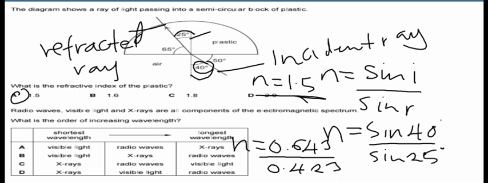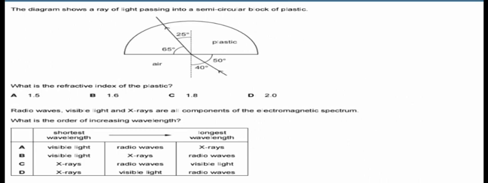The next question. Okay, so the next question is saying radio waves, visible light, and X-rays are all components of the electromagnetic spectrum. What is the order of increasing wavelength?